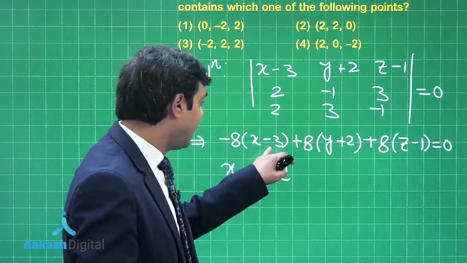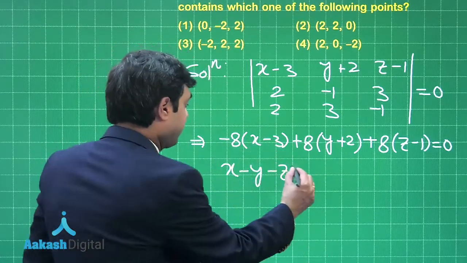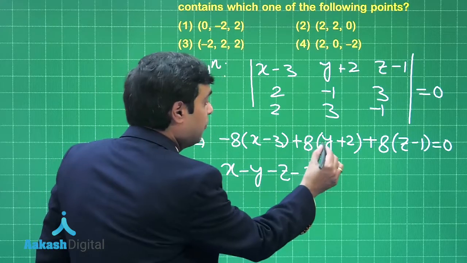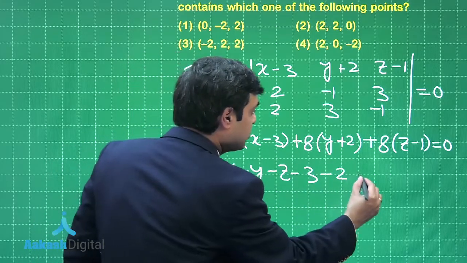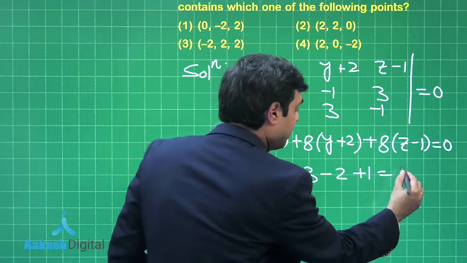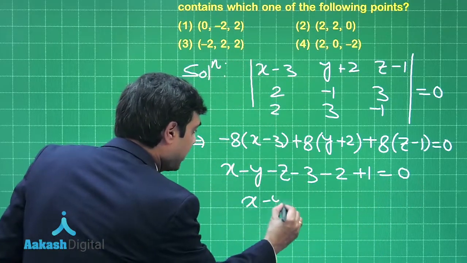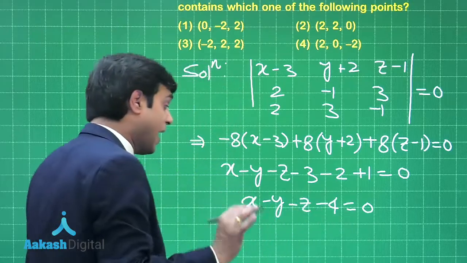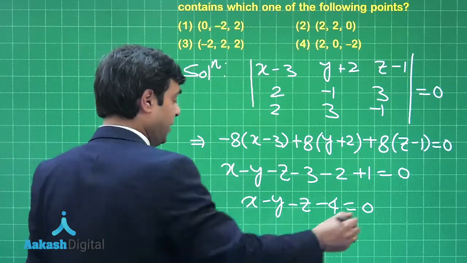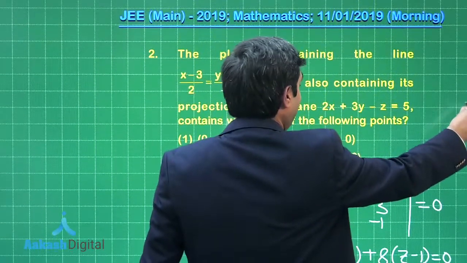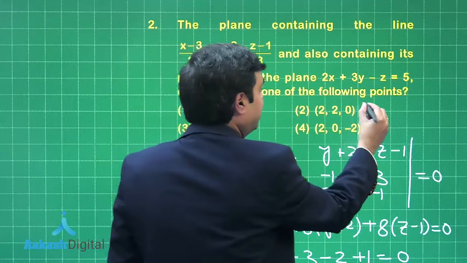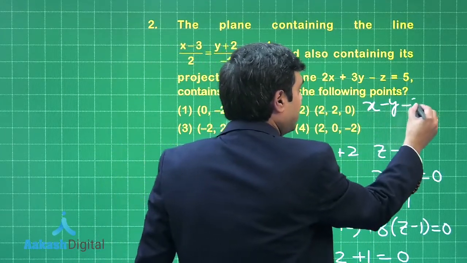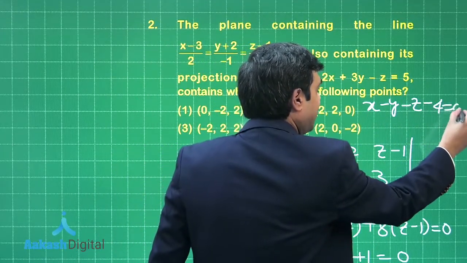We have minus 3 here, correct? We have divided by minus 8, so it is minus 2 and this is plus 1, or simply x minus y minus z minus 4 is equal to 0 as the required equation of plane. X minus y minus z minus 4, let us rewrite here so that you can cross check by substituting every point.